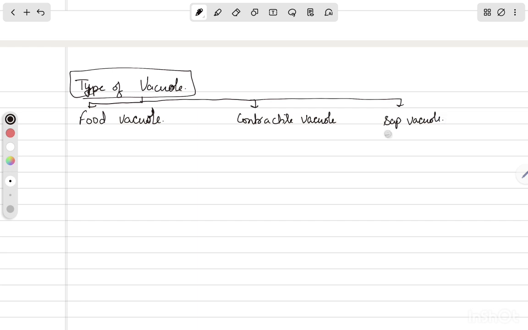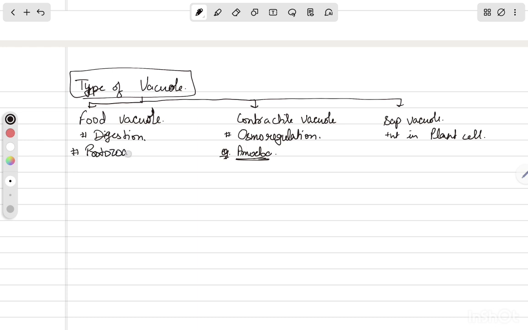Sap vacuole is present generally in plant cell, right? For storage of excretory product. Contractile vacuole is for osmoregulation, and food vacuole is for digestion or obtaining nutrition. An example of contractile vacuole is present in amoeba, and food vacuole is present in protozoans, right?